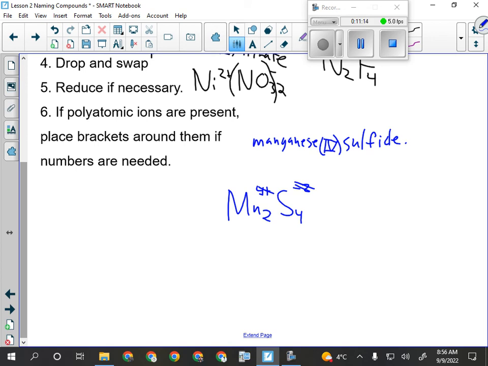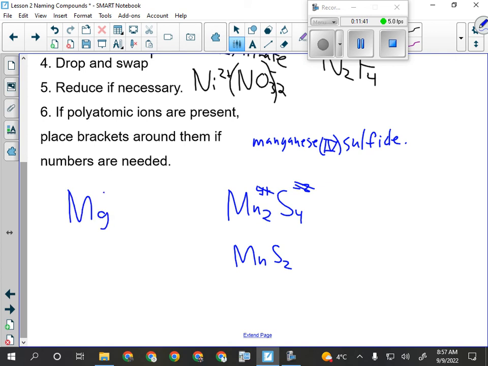This compound actually contains 1 manganese and 2 sulfur. Okay, so ionic compounds need to be reduced if they can be. Okay. Are you all right with that? It doesn't happen very often, but when it does, we need to make sure that we do it, okay? Because we could run into it with this situation as well.